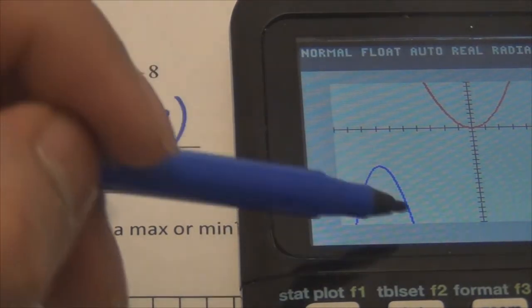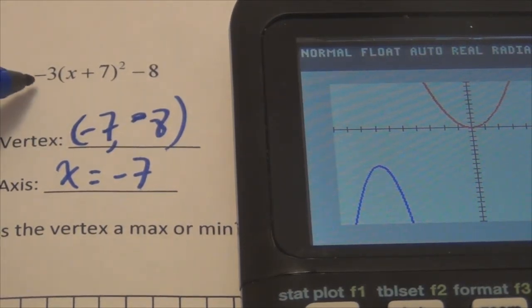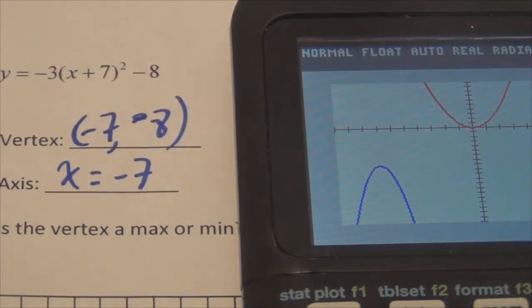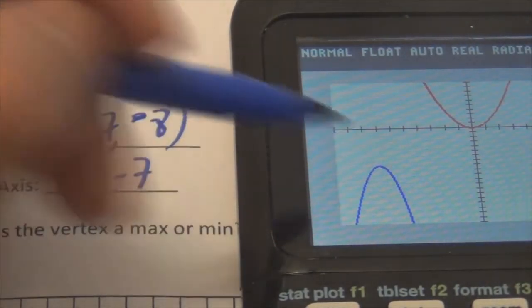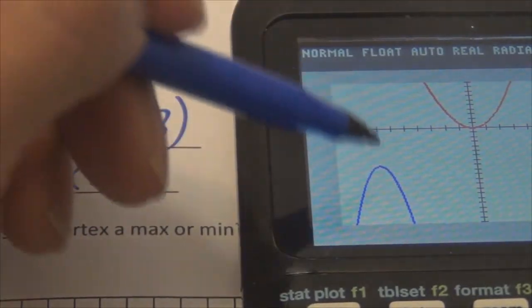But why is it looking downwards instead of like the parent function? Look at the a coefficient. It's negative. When a is negative, the parabola opens downwards and has a maximum. When it opens up, it has a minimum.